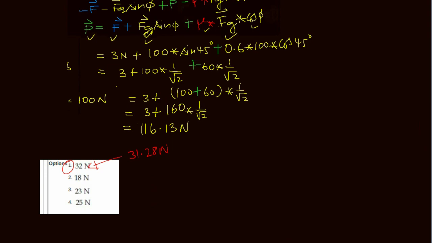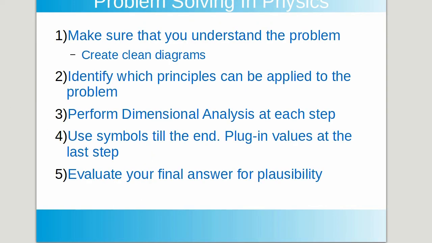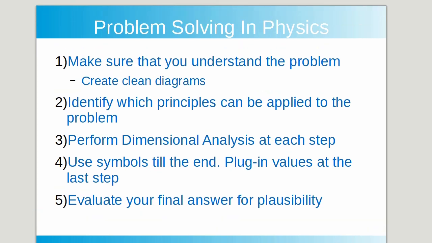So let's go back to what we started with. This is the principle. Make sure that you understand the problem, and a very important part of that is to create clean diagrams, identify which principles can be applied to the problem beforehand, perform dimensional analysis at each step, and use symbols till the end.